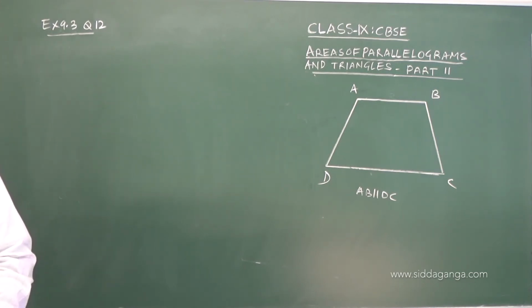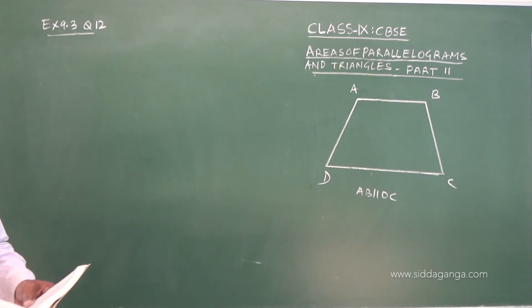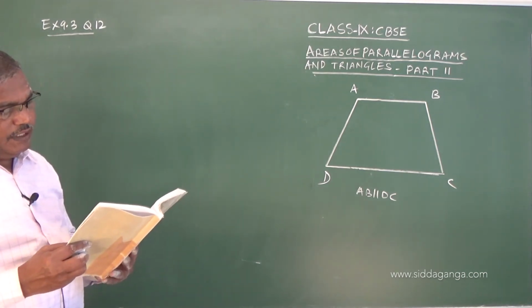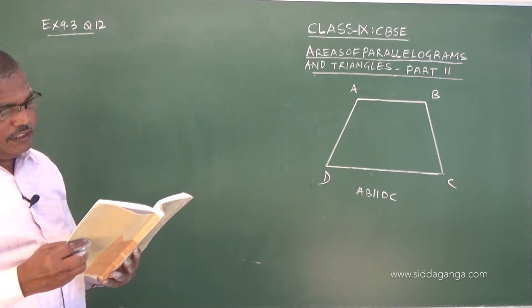Now, a line parallel to AC intersect AB at X and BC at Y. Now we have to carefully read and prepare the diagram.